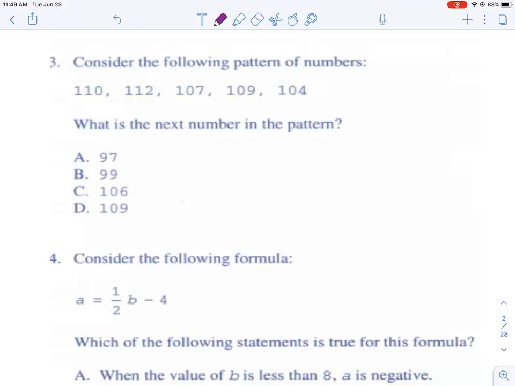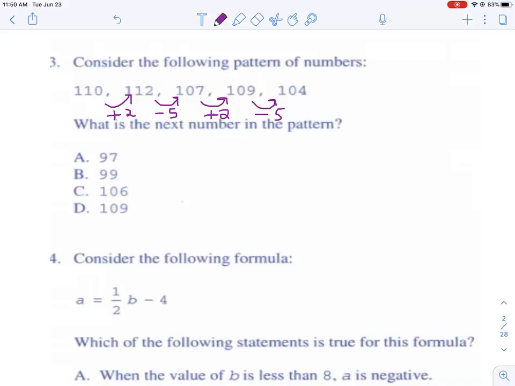So look what happened here. We went up by 2. Okay? Look at here. We went down by 5. Then we went up by 2. And then we went down by 5. So I think we found the pattern. Okay?